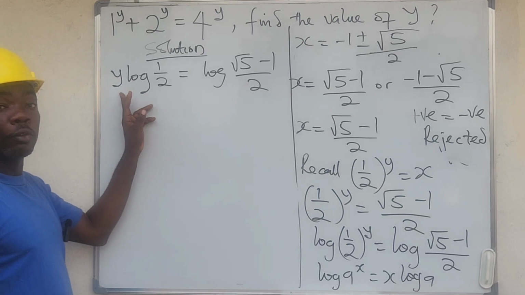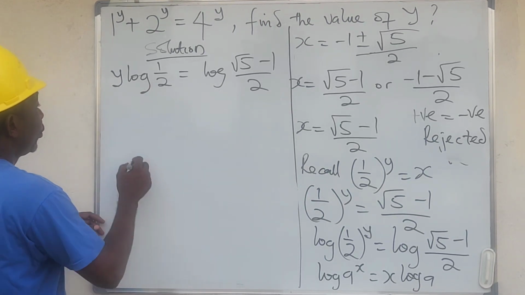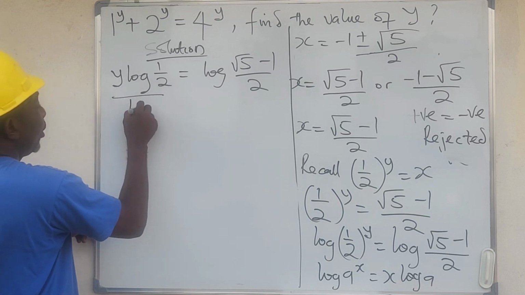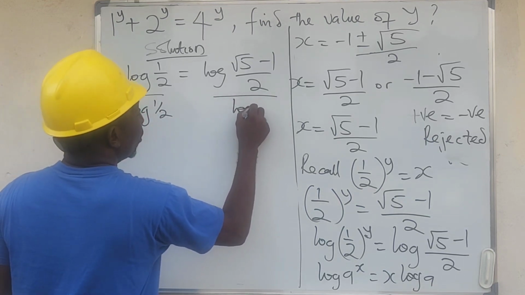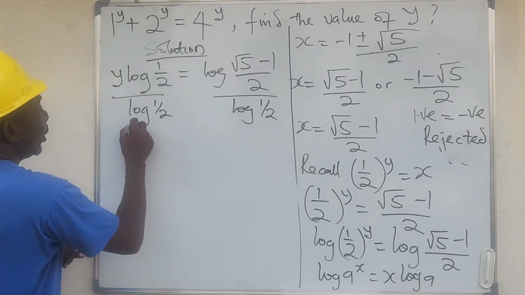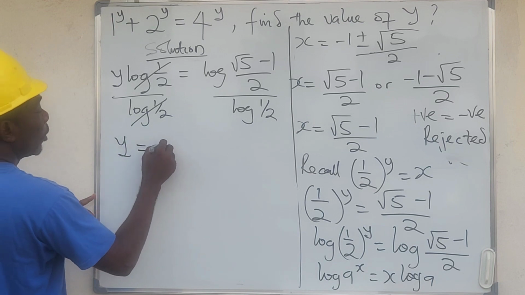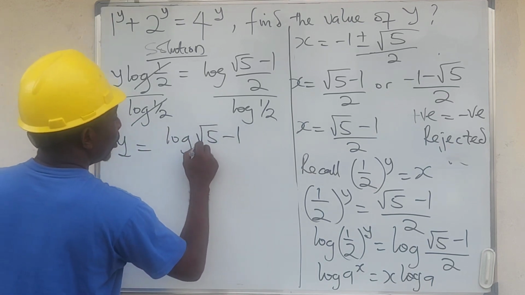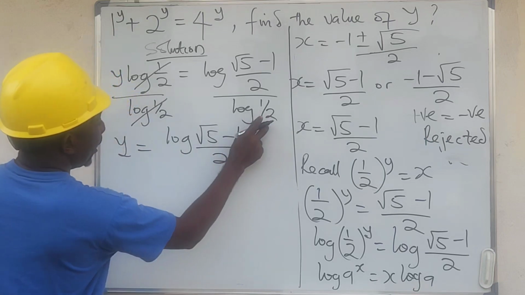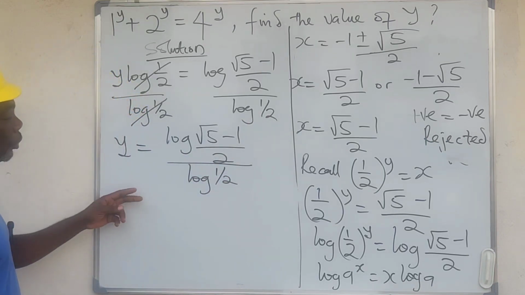For us to find the value of y, we divide all through by log 1 over 2. So that will become all over log 1 over 2, and this is log 1 over 2. This one will cancel here, and this one will cancel here. But now we are left with y equals log of root 5 minus 1 all over 2, then all over log 1 over 2.